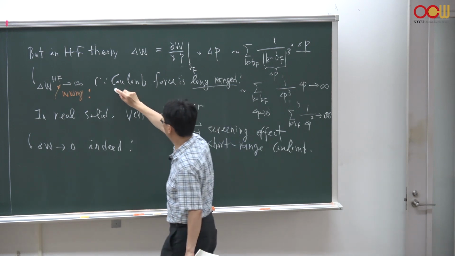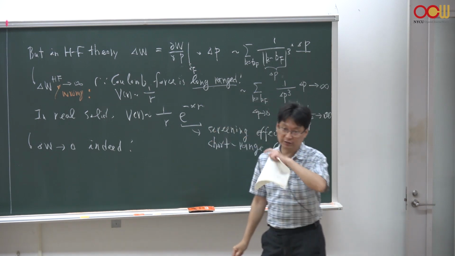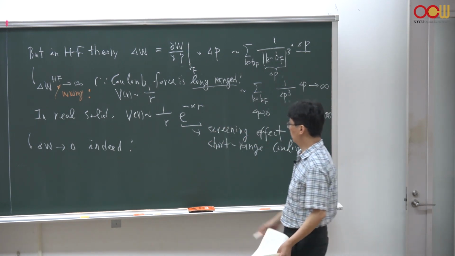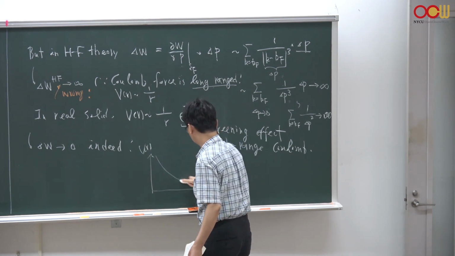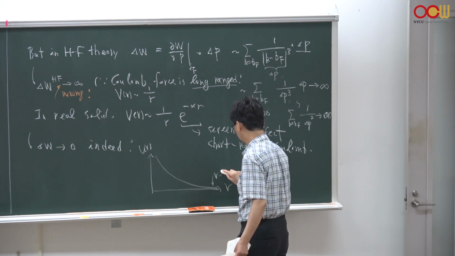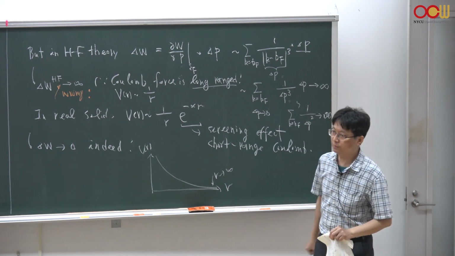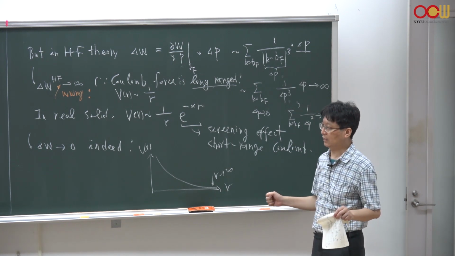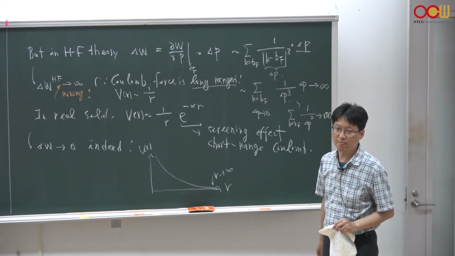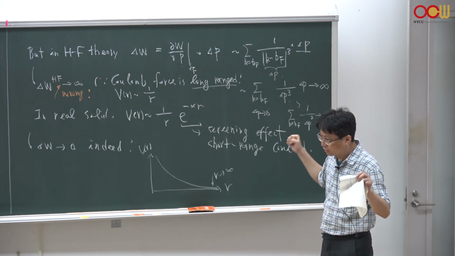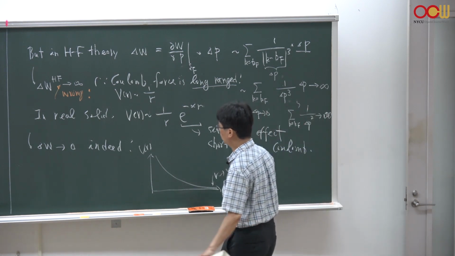As I mentioned many times, within Hartree-Fock, the Coulomb potential is always 1 over r, with these long tails all the way when r goes to infinity, which means that two electrons can feel the Coulomb interaction even when they are really far away from each other. But we know that they should not feel anything if they are sufficiently far away from each other.